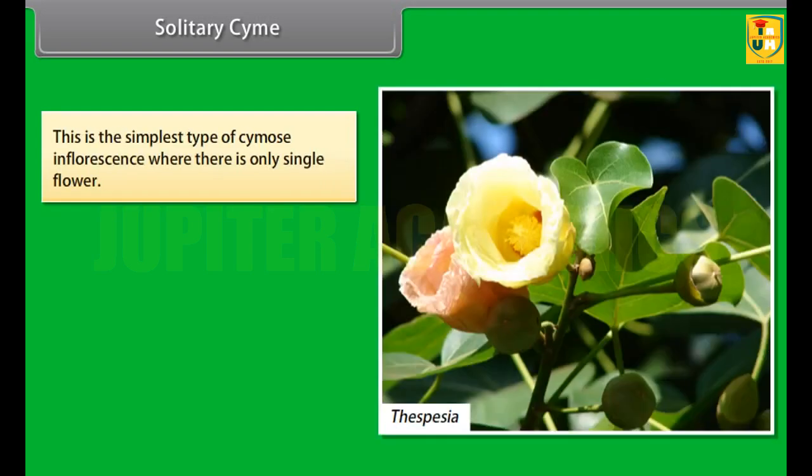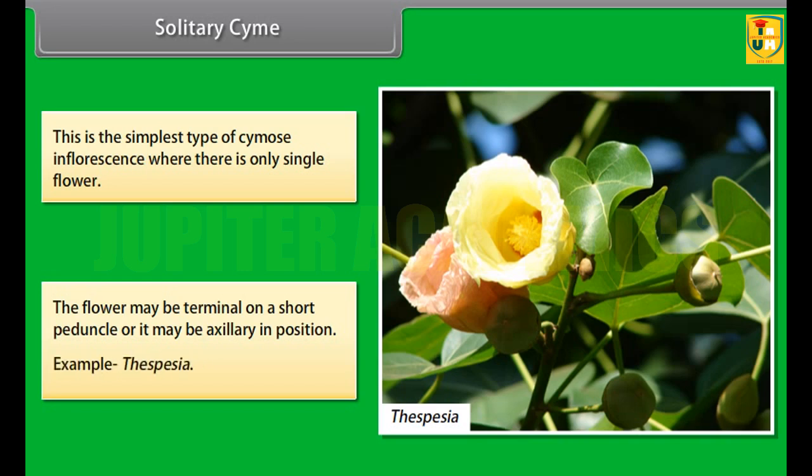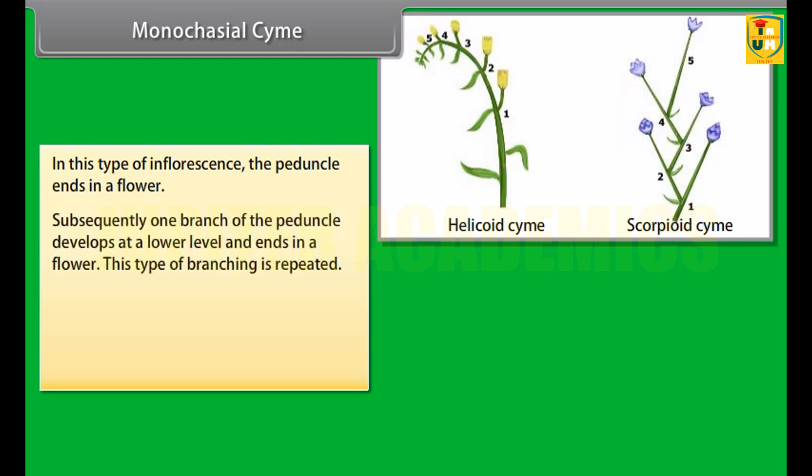Solitary cyme. This is the simplest type of cymose inflorescence where there is only a single flower. The flower may be terminal on a short peduncle or it may be axillary in position. Example, Thespesia. Monochasial cyme. In this type of inflorescence, the peduncle ends in a flower. Subsequently, one branch of the peduncle develops at a lower level and ends in a flower.